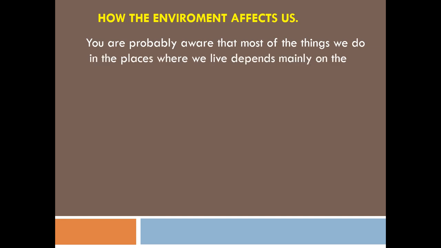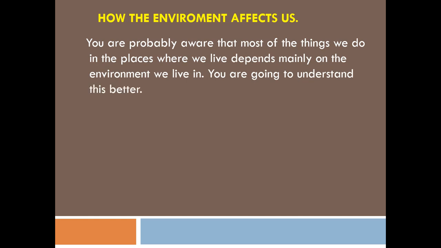You are probably aware that most of the things we do in the places where we live depend mainly on the environment where we live. I've already said that those who live in drier areas may be forced to use irrigation farming because that is what the environment dictates.